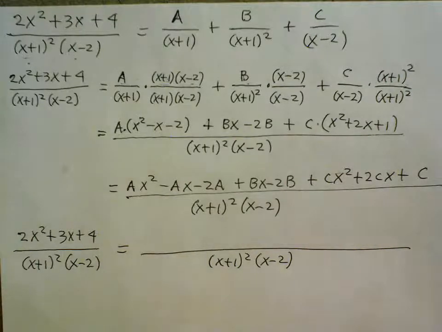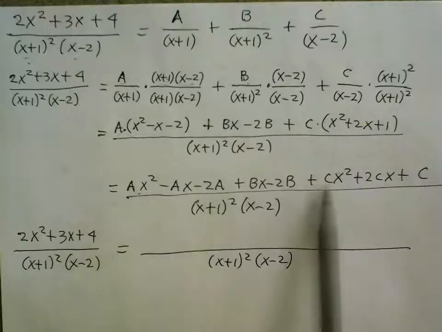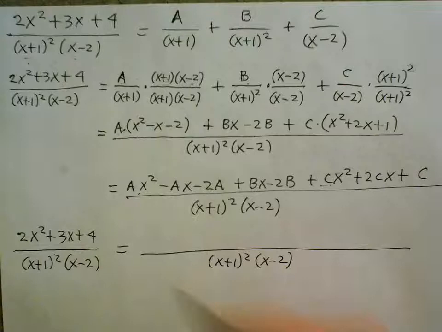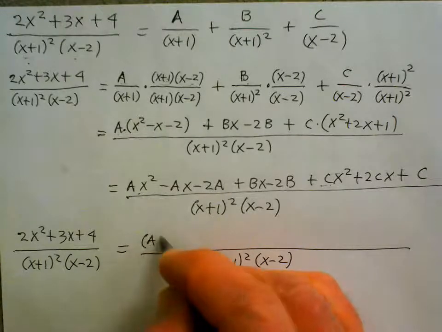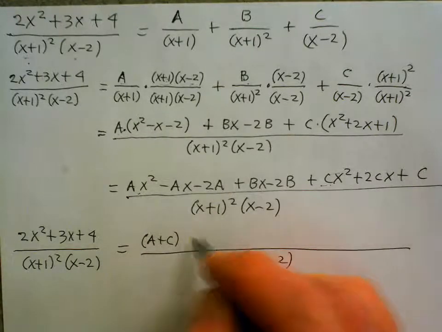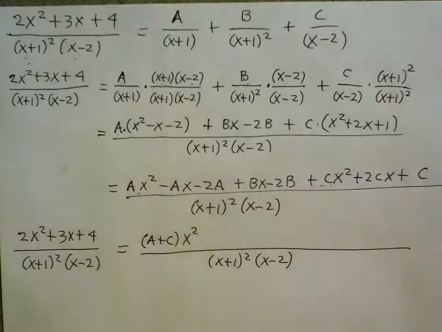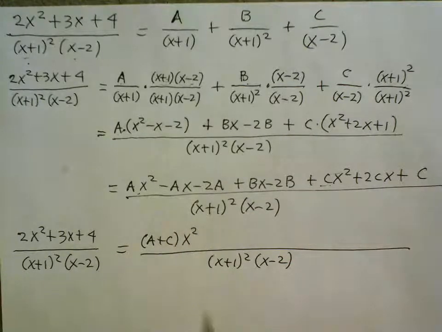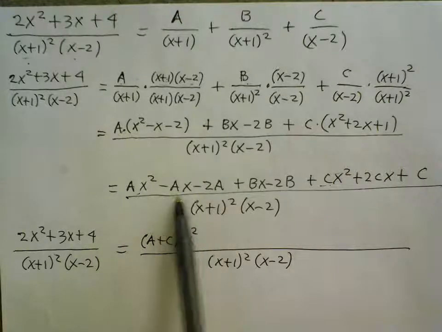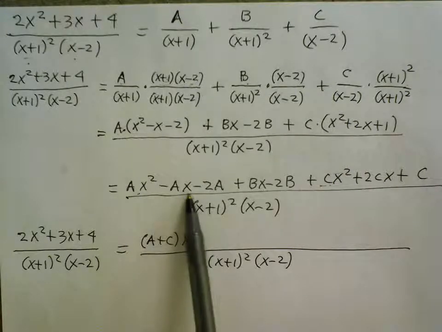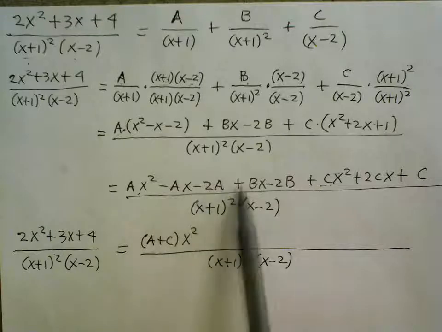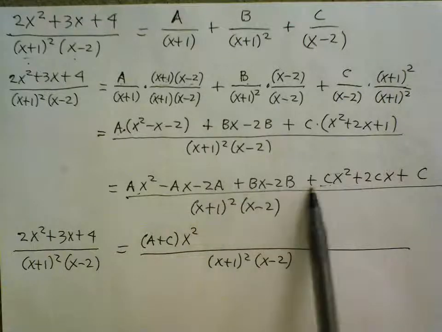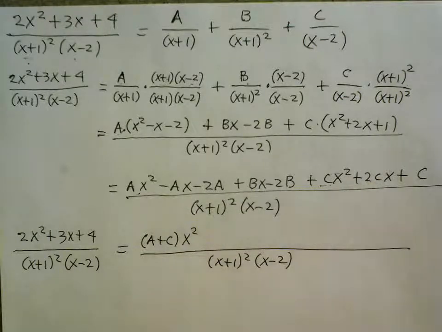Okay, so let's identify the x squared terms. We have ax squared plus cx squared. And we can write that as the quantity a plus c times x squared. And now the x terms. We have minus ax plus bx plus 2cx.